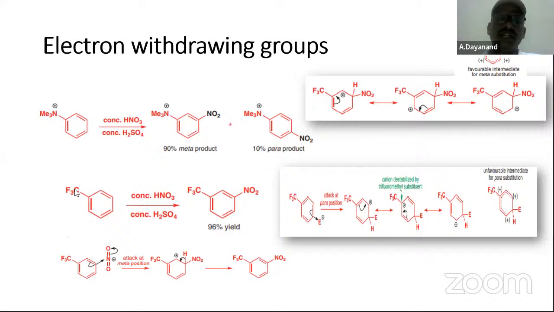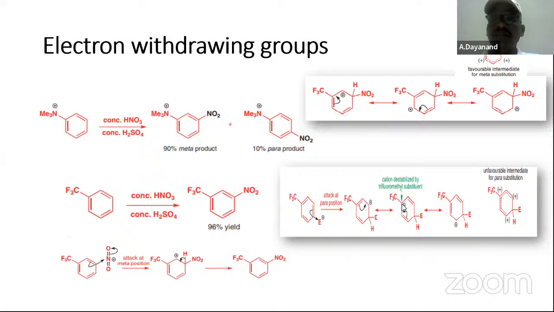CF3 is also a deactivating group. In nitration, CF3 again gives meta. Attack at the para position is unfavorable, as the cation is destabilized.